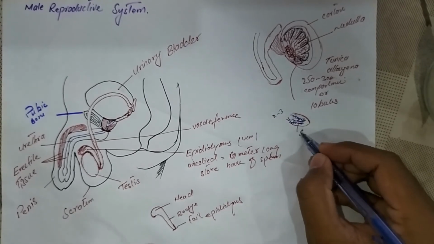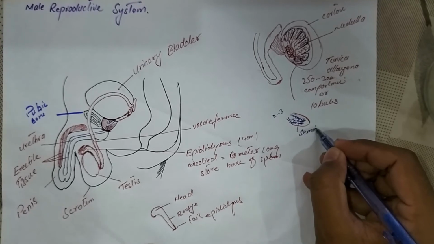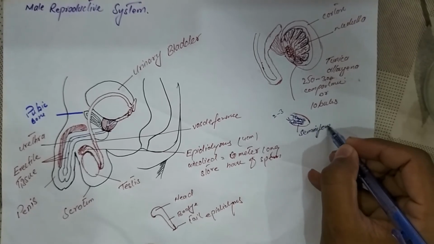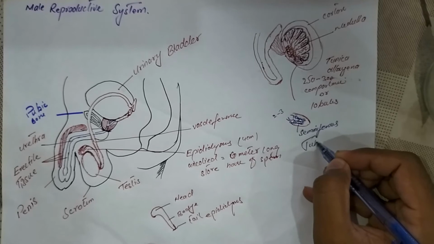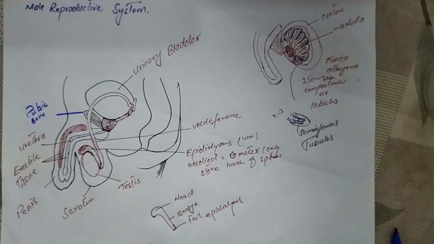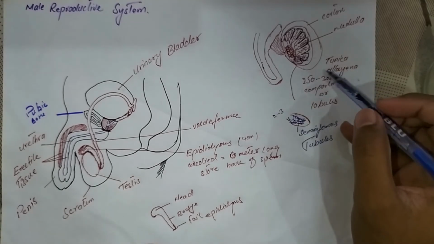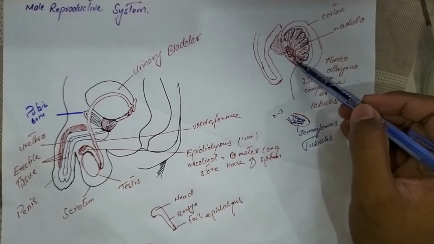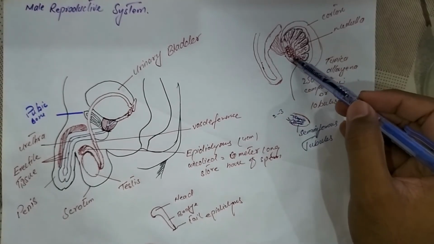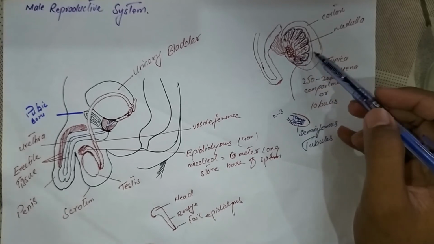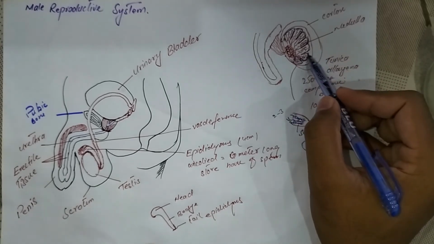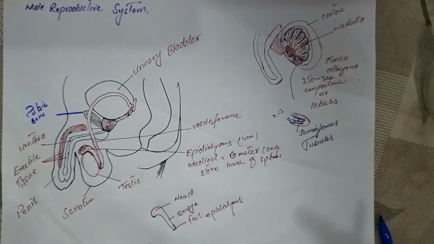Here we have the seminiferous tubules, and they lie in the lobules, and the septa contain the blood vessels which are supplied by the tunica vasculosa.